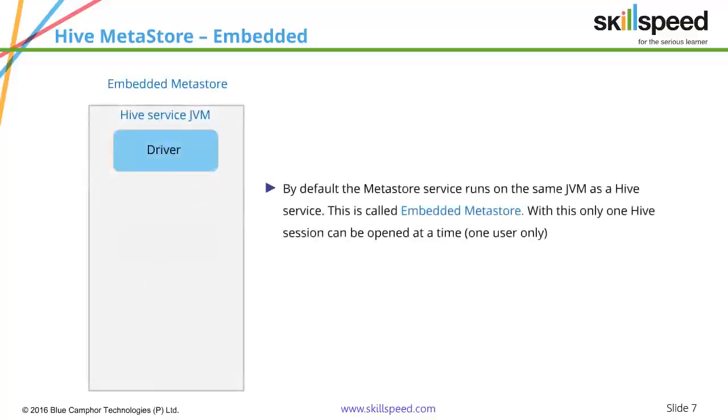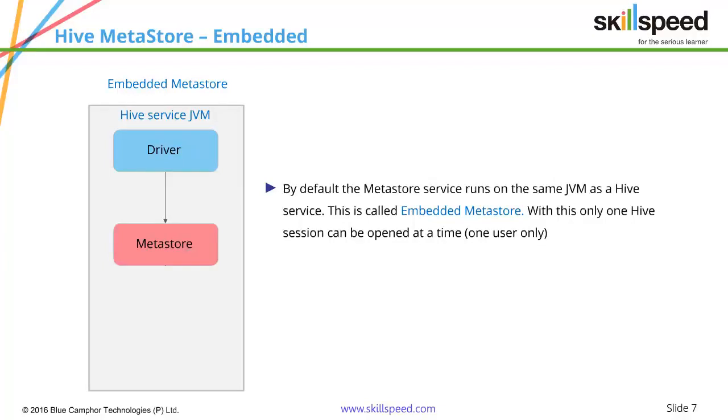By default, when you download Hive, install and run it, the metastore that you get is called the embedded metastore. You don't have to do anything to activate the embedded metastore. It comes by default with Hive. Here the Metastore service will be running by storing the metadata in the embedded Derby database.